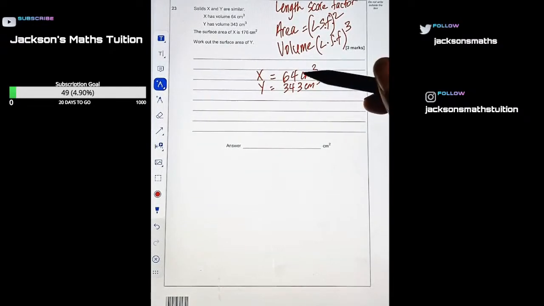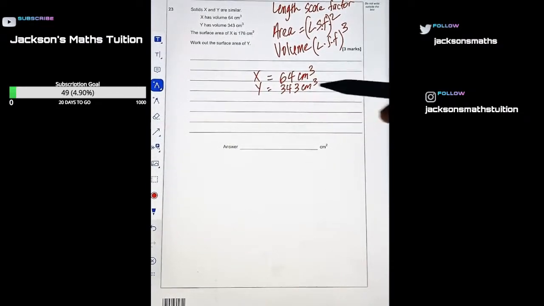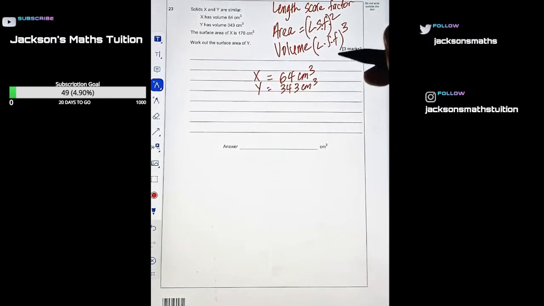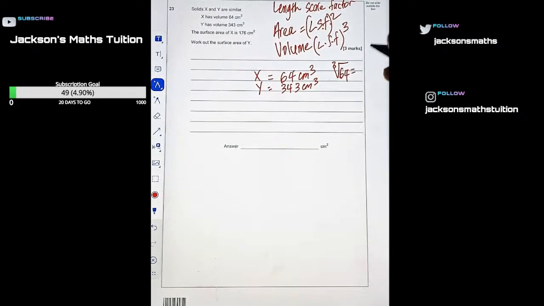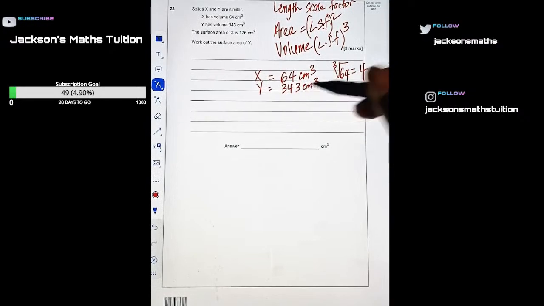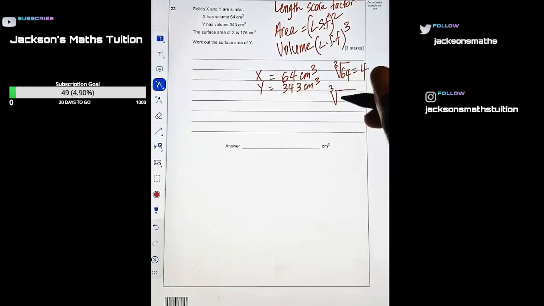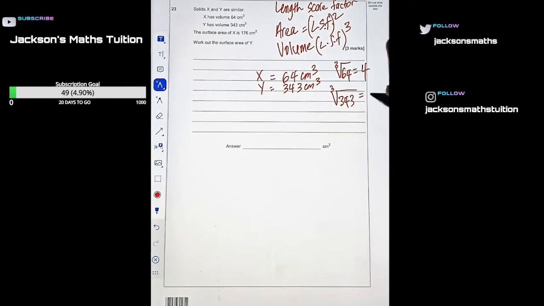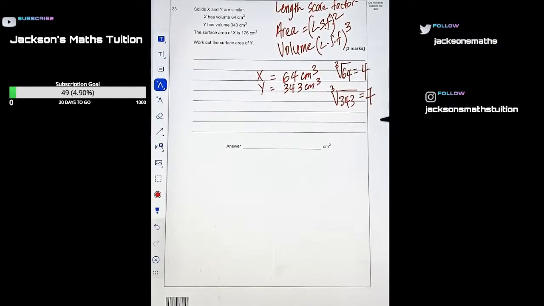Because this is in cubic units, so you're going to go backwards now. You're going to do the cube root of 64. The cube root of 64 is going to give you 4. And then the cube root of 343 gives you 7. Okay? So these are the two we're working with for the length.